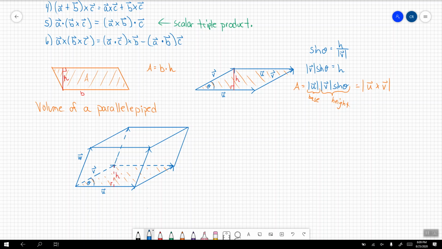And in order to find the volume, I need to find a base, and then I need to multiply by some height. Now, this base is not exactly a base like we did over here.